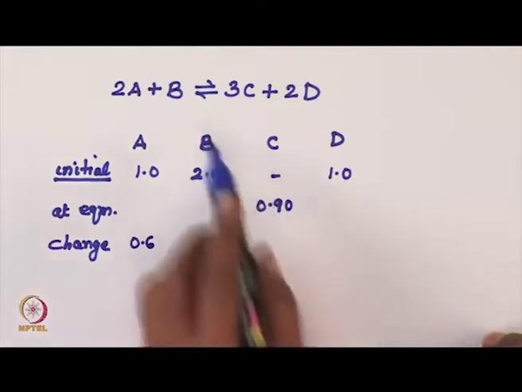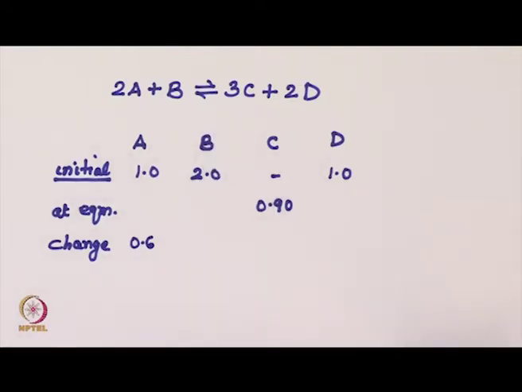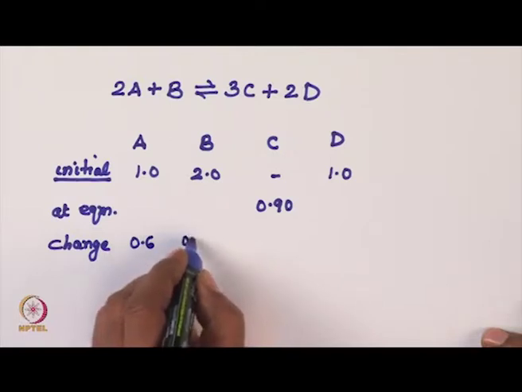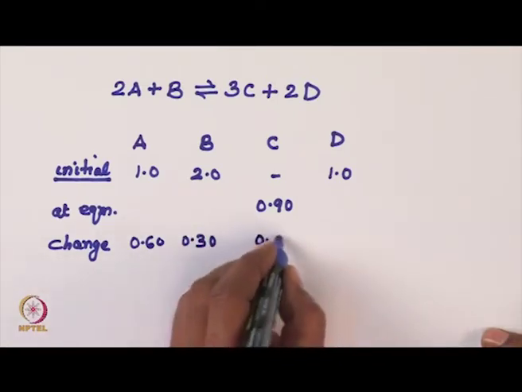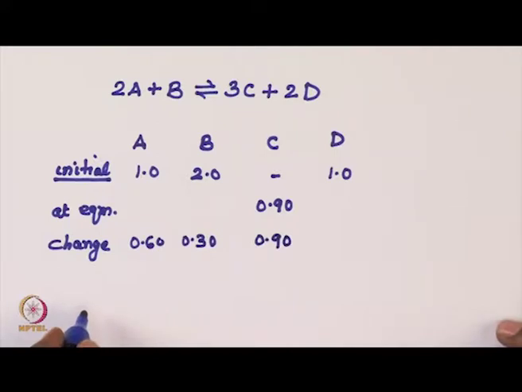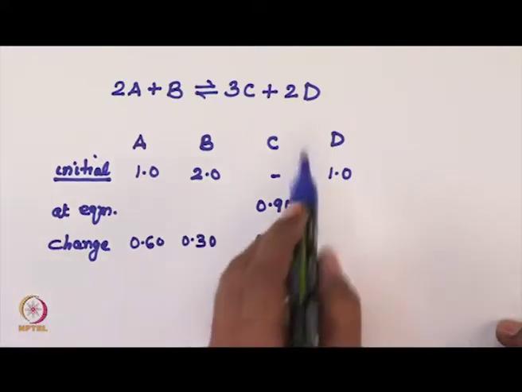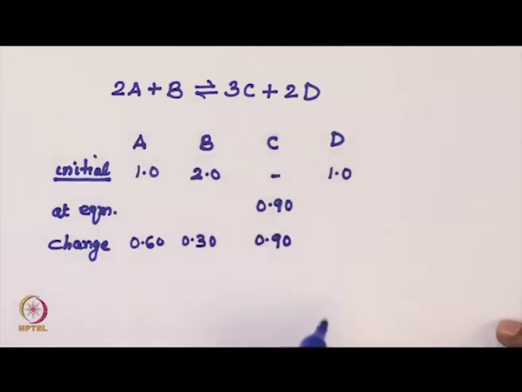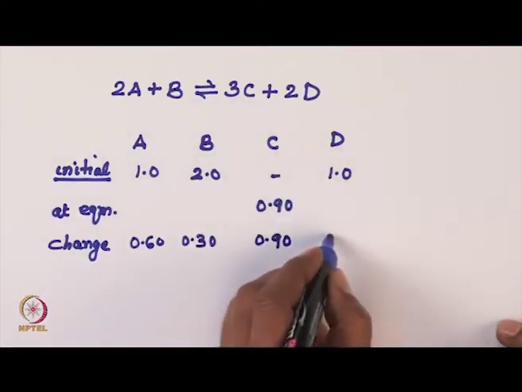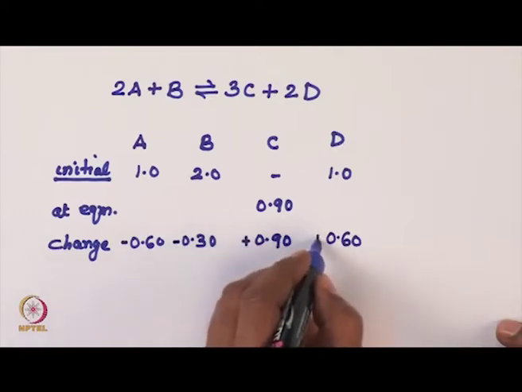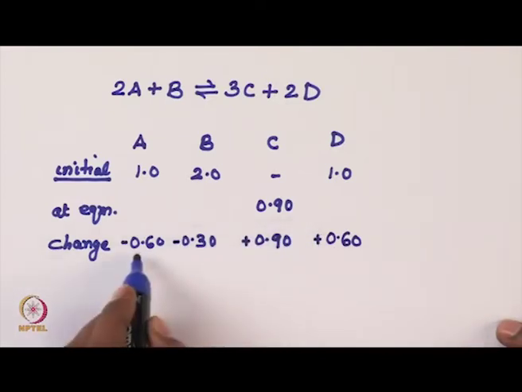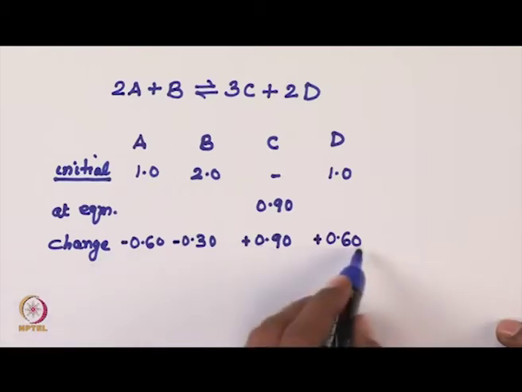And for B it is 1/3, and 1/3 of 0.9 is 0.30. For C the change is the same because there was nothing in the beginning. And for D, 2/3 of the change in C is the change. Let me put negative for A and B, and positive for C and D, because the reactants are consumed and the product is formed.